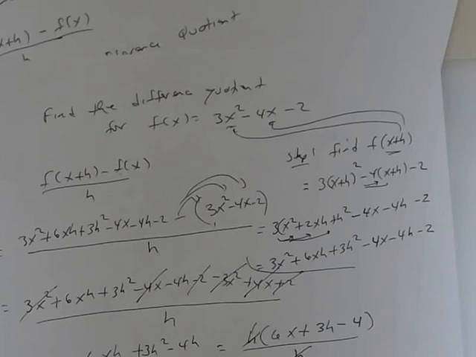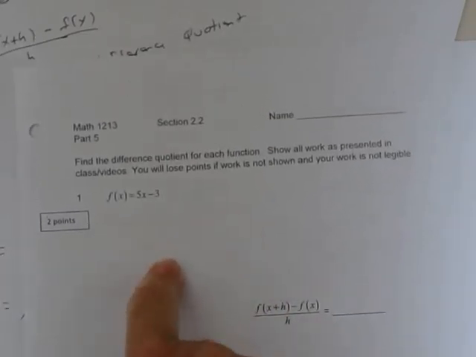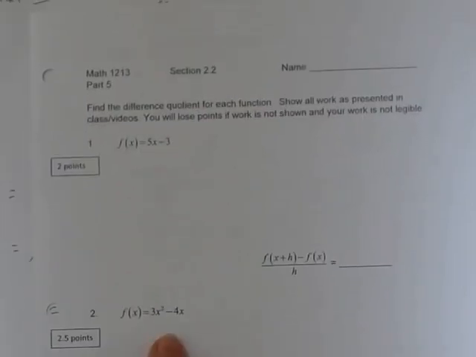All right, now on that worksheet, that's 2.2 part 5. This is linear, that's the easy one. And this is quadratic.